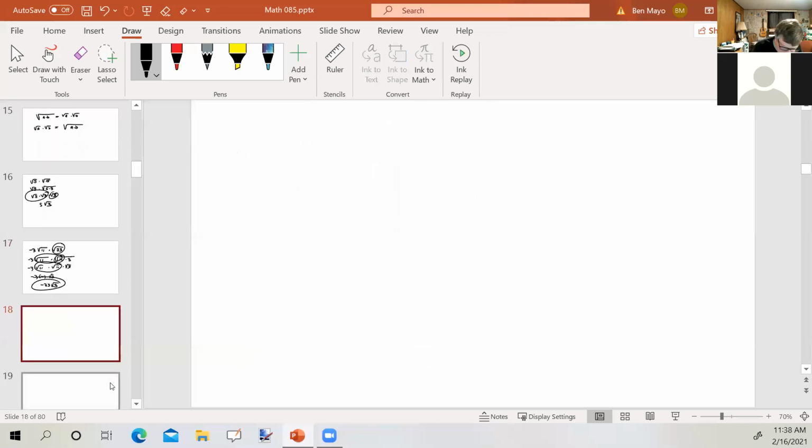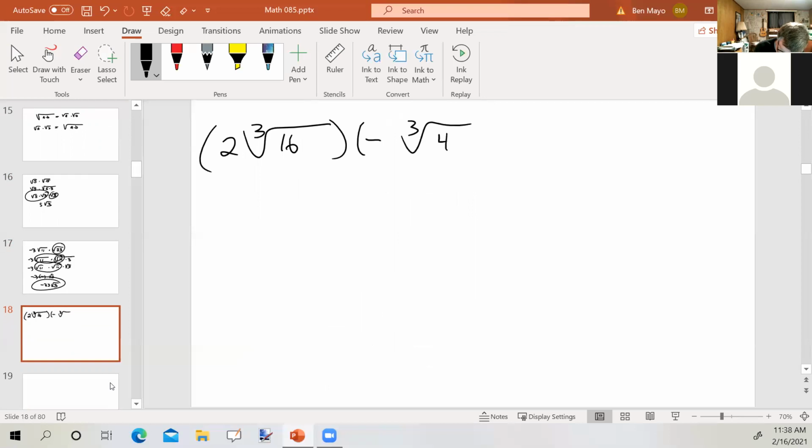How about 2 cube roots of 16 times negative the cube root of 4? So let's see here. Here's what I'm thinking, okay? Now, at first, I looked at this and I thought, 16, I could break that down into 2 times 2 times 2 times 2.